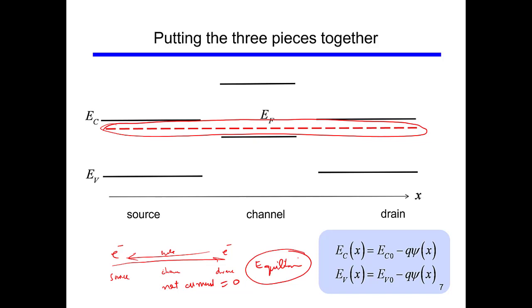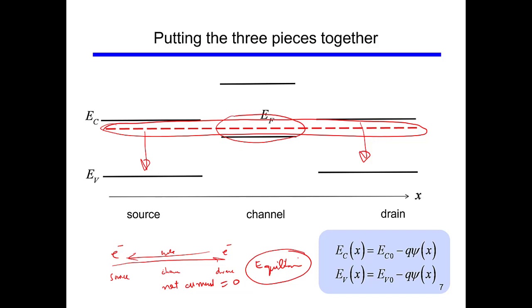In order to align, what has happened is that the energy of electrons in the drain and in the source has dropped, and it aligned itself with the Fermi level of the channel.